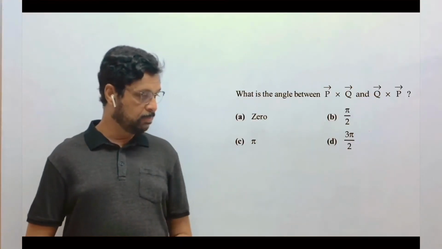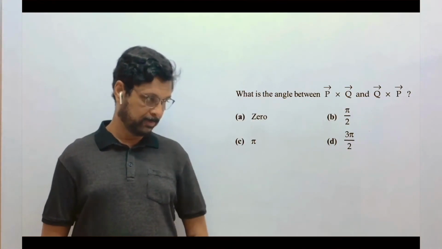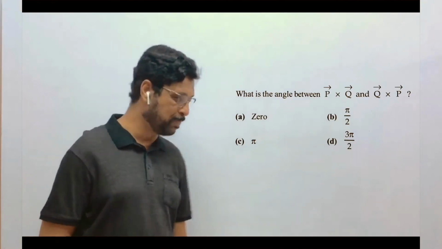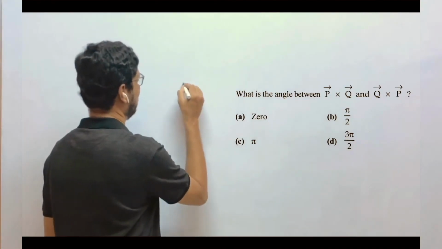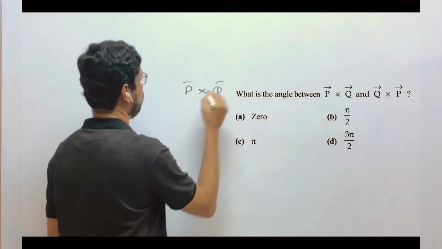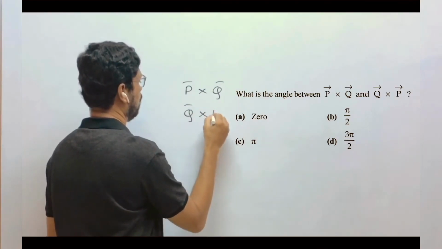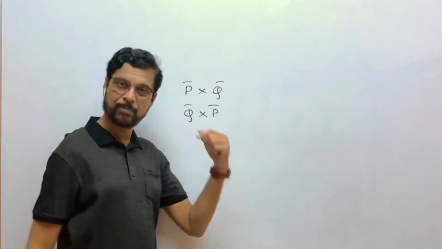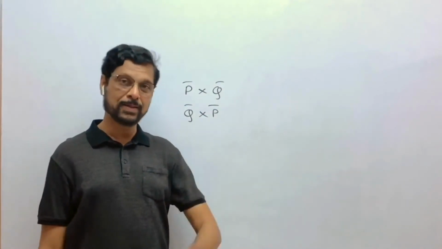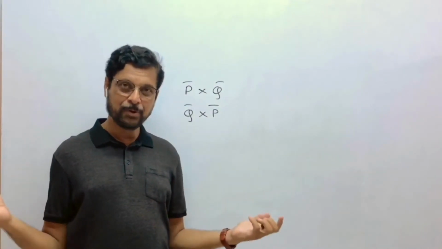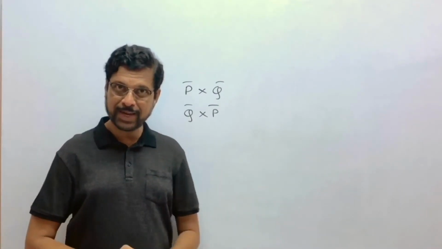What is the angle between P cross Q and Q cross P? Okay, P cross Q and Q cross P. इनके बीच का एंगल कितना होगा? I don't think you need any explanation for that.